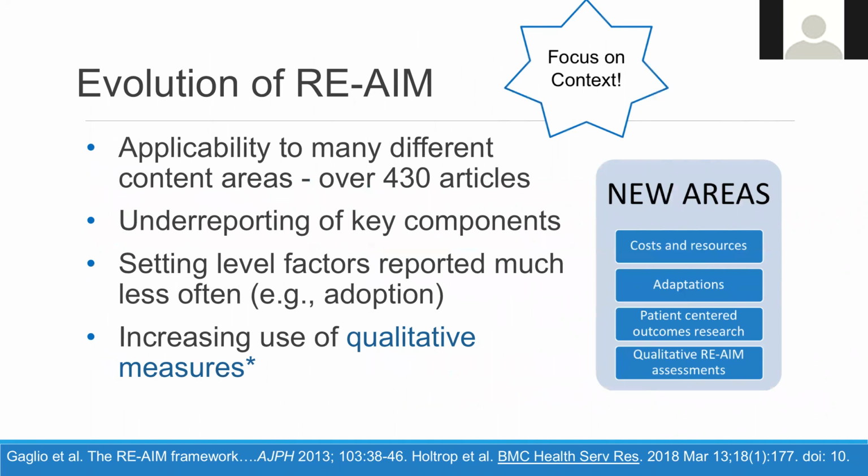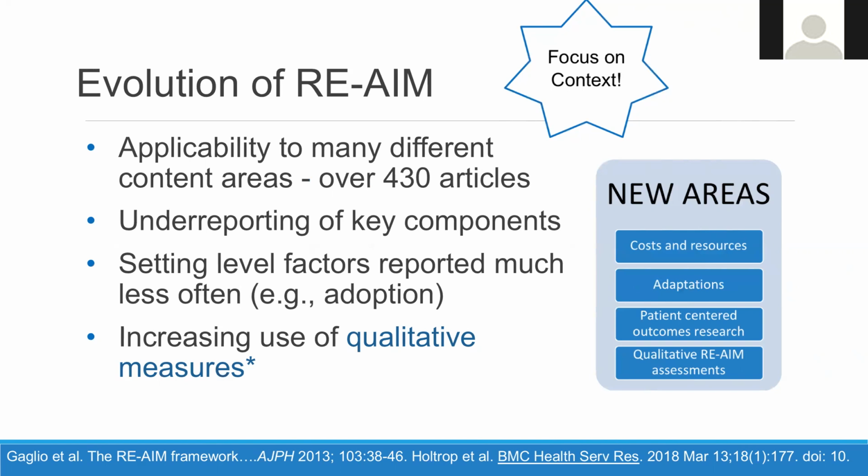And one of the things that we noticed as we were looking at REAIM was that over time, the use of REAIM focused on quantitative outcomes, so numbers. In a recent review by Samantha Harden, who's our host today, 6 to 24% of studies using REAIM used qualitative methods across the dimensions.